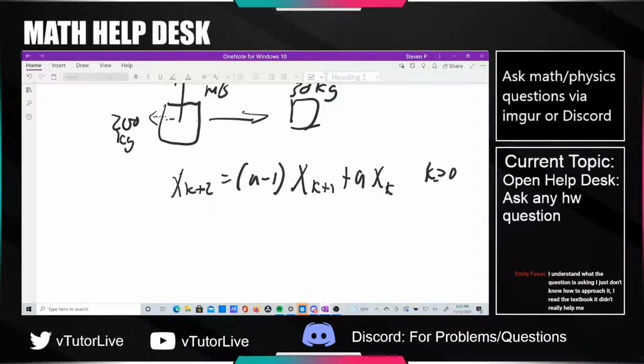Okay. I'm scrolling and scrolling and scrolling. I just don't know how to approach it. I read the textbook and it didn't help. Okay. Let's take a look. Oh my god, this chapter goes on forever. Okay. Application of linear recurrences.